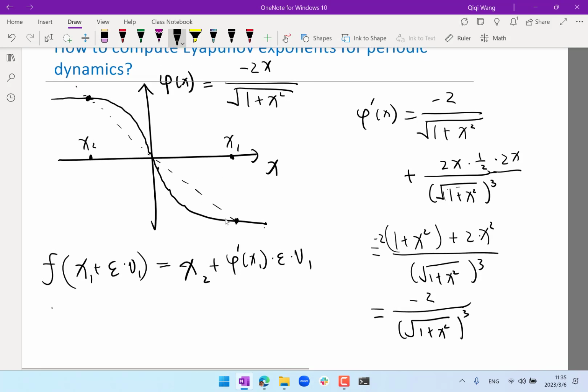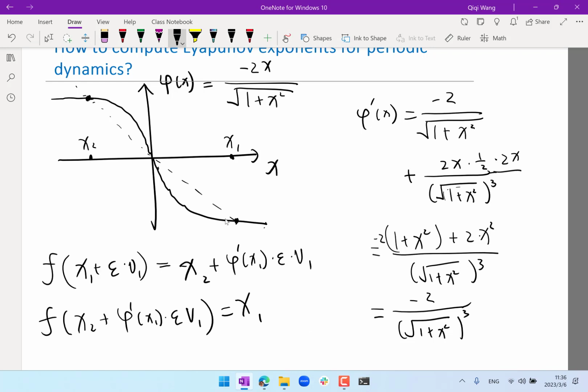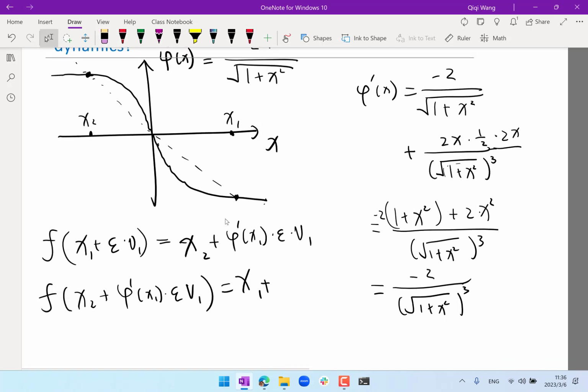Okay, and then if you apply phi again on the evaluated value, because phi of x2 is back at x1, it's periodic, going back and forth, and I'm using the first order Taylor series expansion over here, you get, oh sorry, this is phi, not f, phi prime at x2 times phi prime at x1 times epsilon v1, right?